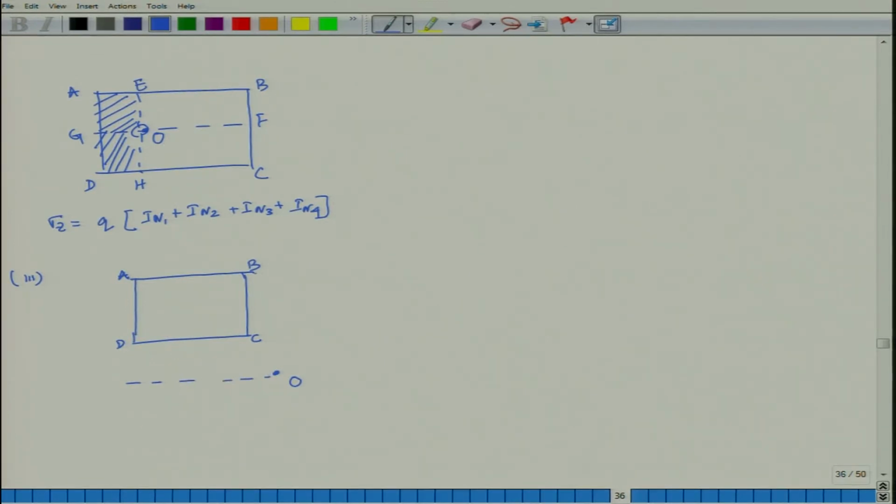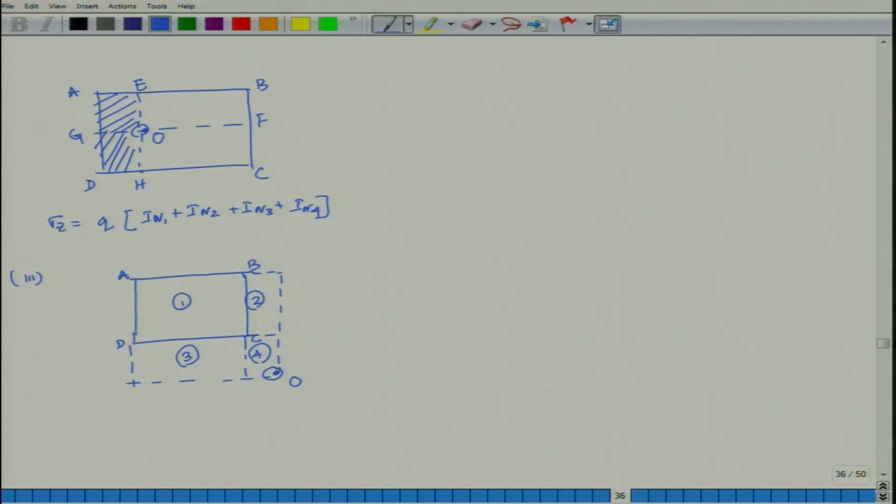Basically, I will make it in such a way that I just expand it in this way, so that I add rectangular areas and it becomes a corner. Now, this is my 1, this is 2, this is 3 and this will be 4.